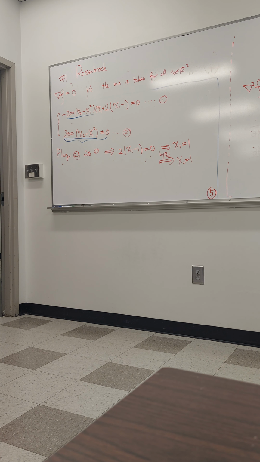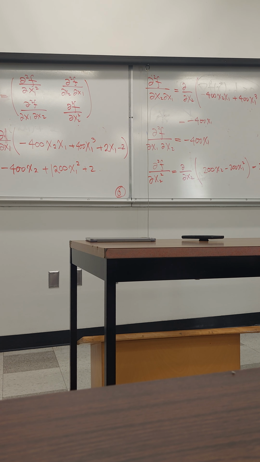So the equivalent condition is that the Hessian is positive definite at x star. Because of the continuity of f, these two conditions are somehow equivalent. So now let's verify it.